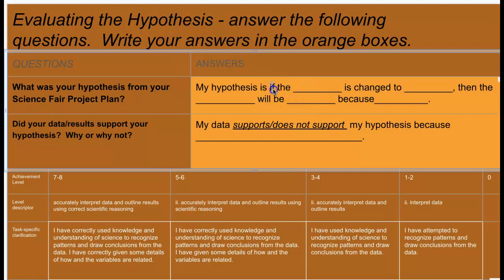It's the if, then, because statement of a hypothesis.